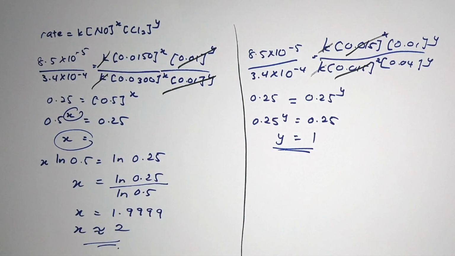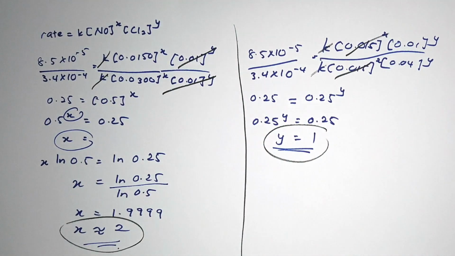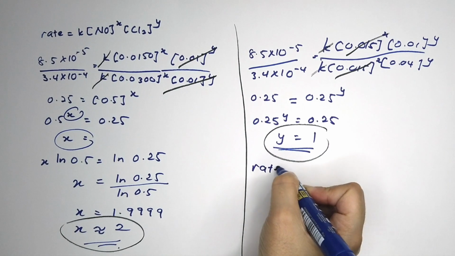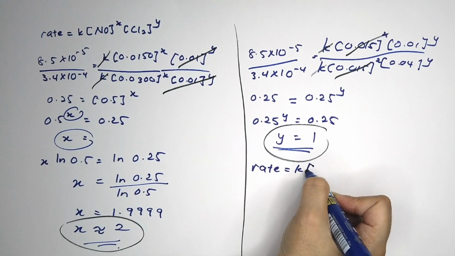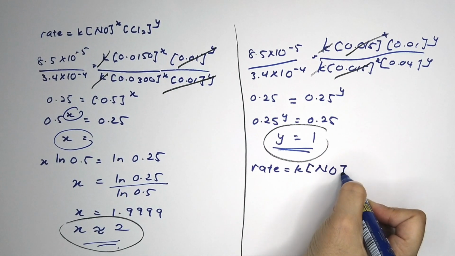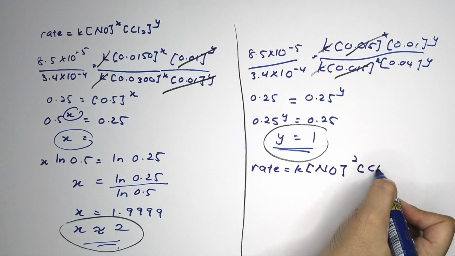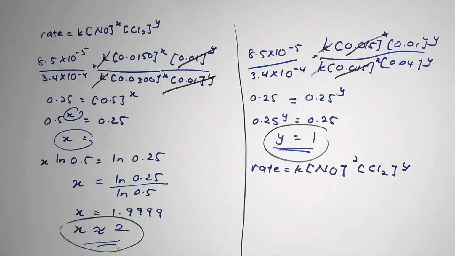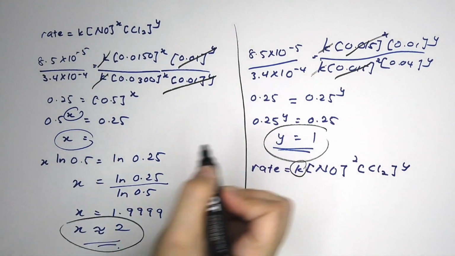Because you already have the value of x and the value of y, you can plug them in here. So the rate is equivalent to k times NO to the power of 2 and Cl2 to the power of y. Now only you can find the value of k.